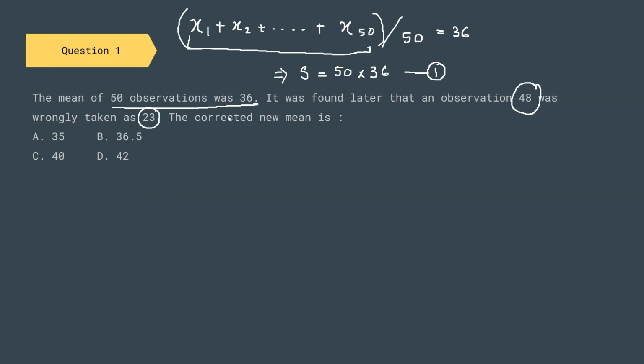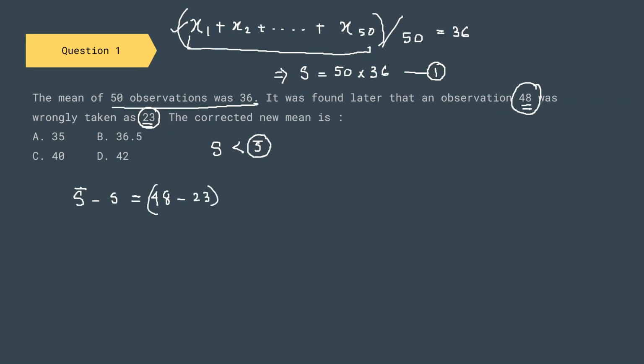Now, what they're saying is that in this particular sum, an observation 48 was wrongly taken as 23. So whatever sum we got, it is actually lesser than the actual sum. So I can say that S is less than S dash. This is our modified sum where we have changed this 48 to 23. So S dash minus S is the difference between 48 and 23.